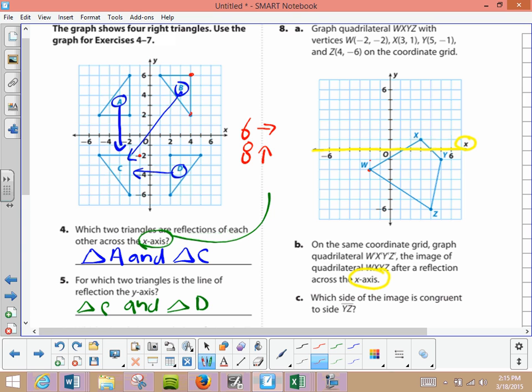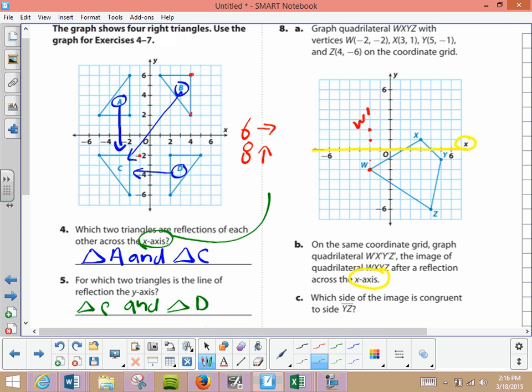So it is 1, 2 points, right? W. And it should be exactly the same distance on the other side, correct? So that will be 1, 2. It should be right here. And you don't have to do much counting of going up and down. You only go in one direction. So what would this be called? W prime, not Y. What about Z?